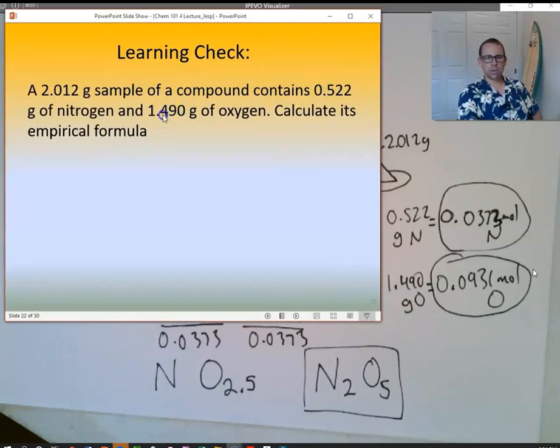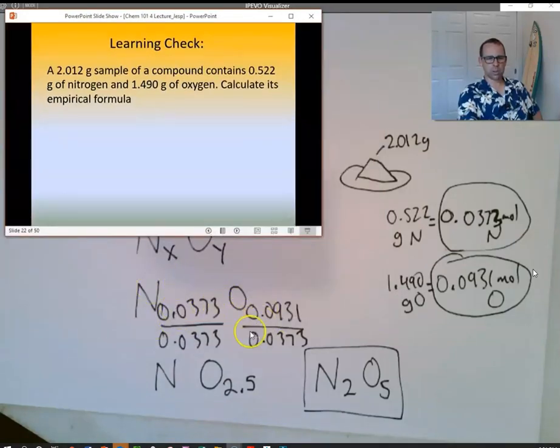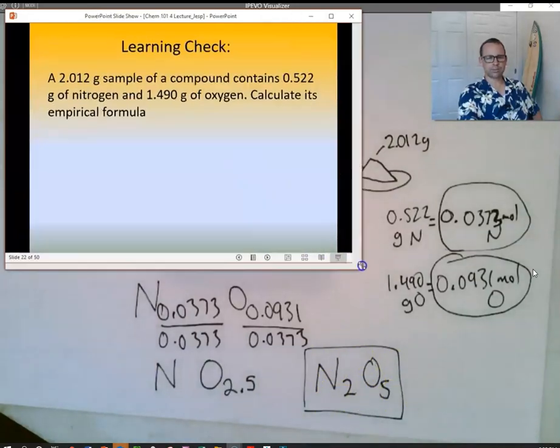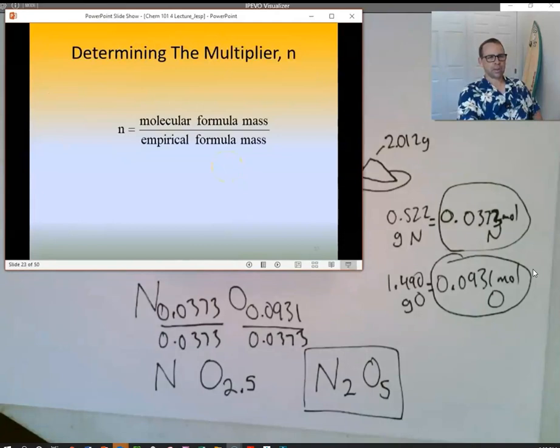From those masses, we were able to convert those grams of material to moles of material, and then from those moles, we simplified our values into whole numbers, and that simplest whole number ratio of our different elements in our compound is called the empirical formula.